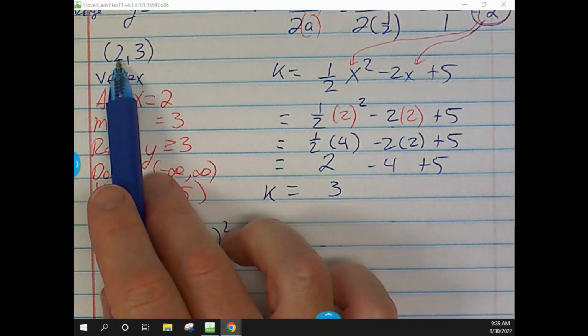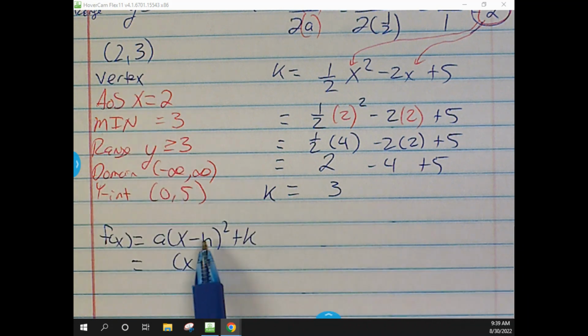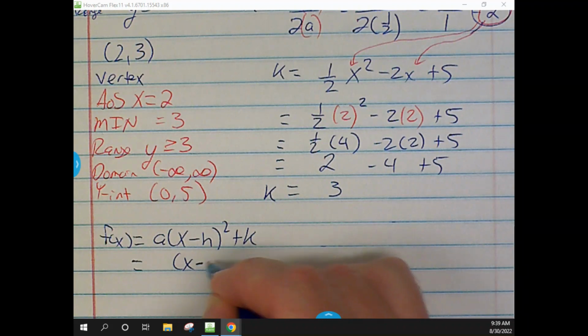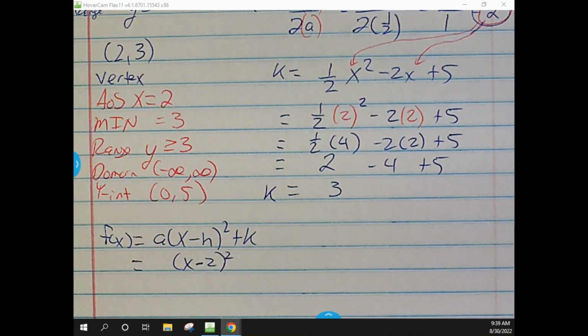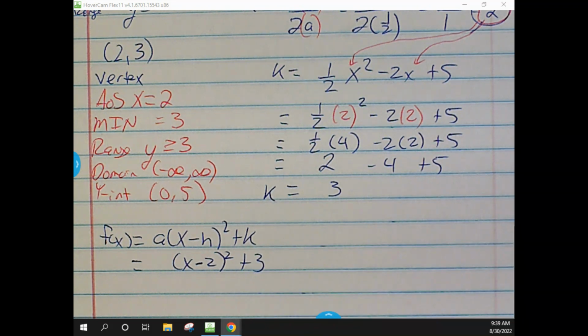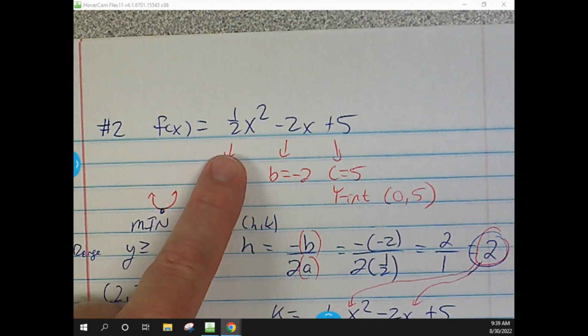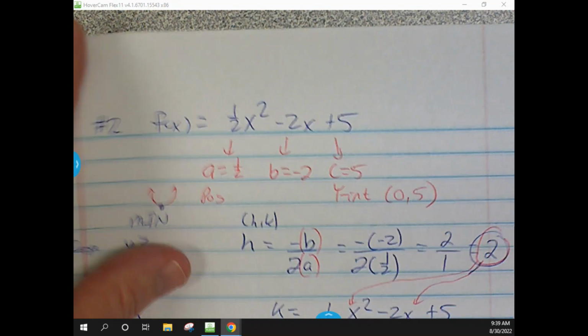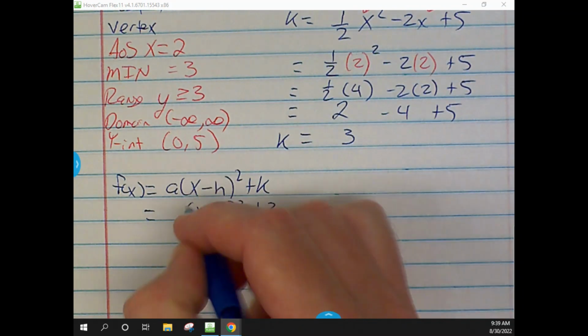Again, whatever the sign is here, we know it's got to be the opposite here. So if we take it in or out, you always change the sign. So it was a positive 2 here. That means it's going to be a negative 2 there. The k value does not change. The only thing we need is the a value, and we're going to get that from the original equation, which was here. The a was a half. So this would be a half.